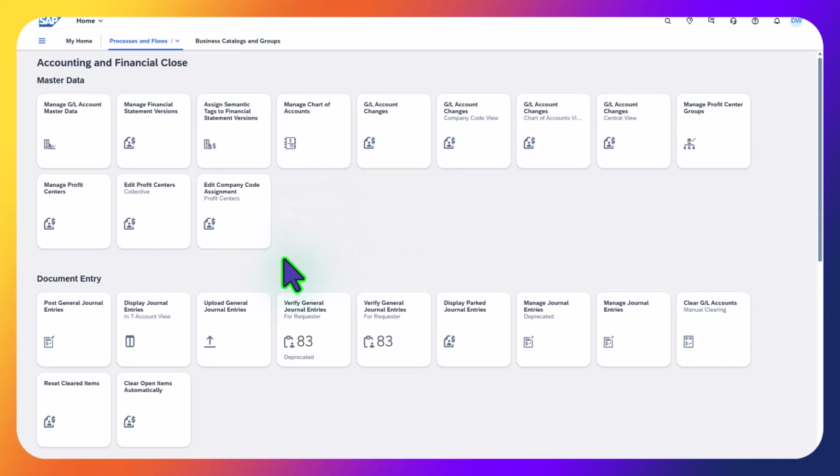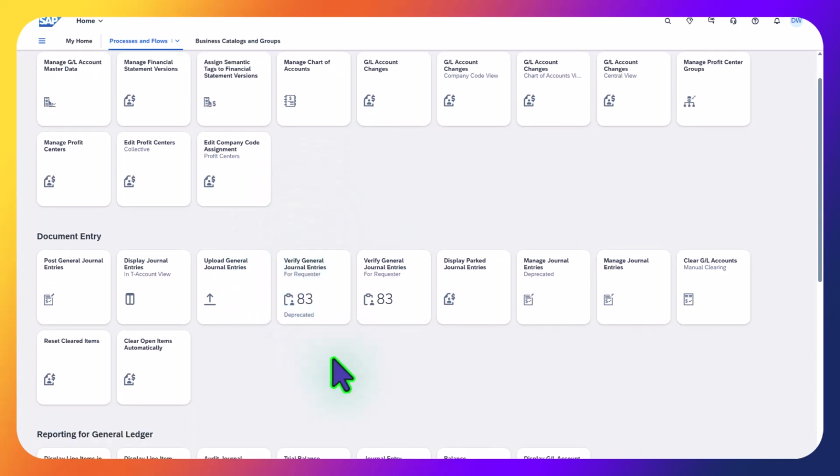And we are going to look at data entry, which involves the posting of general ledgers and the management of general ledgers, including the approval, what we used to call parking and post. We're going to see the new terminology that is used in SAP S/4HANA with regards to that.